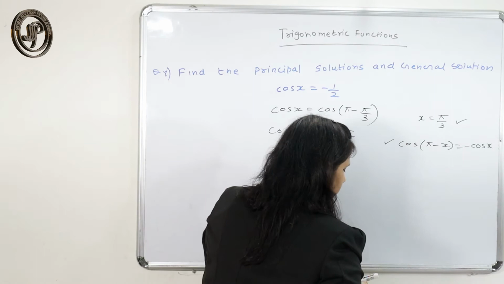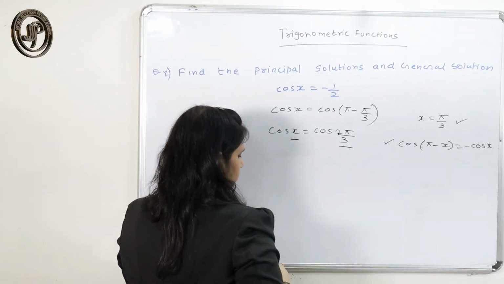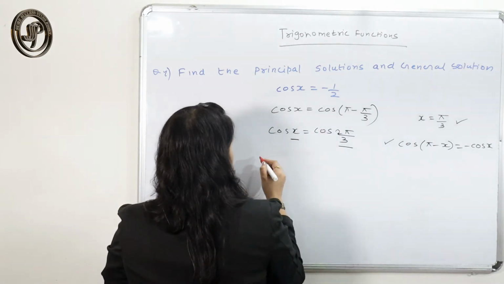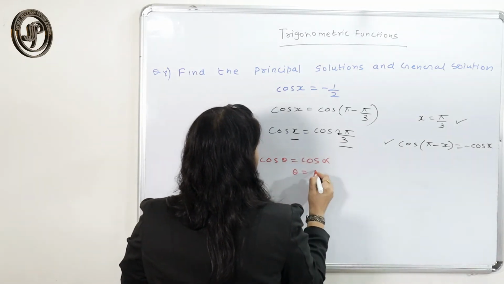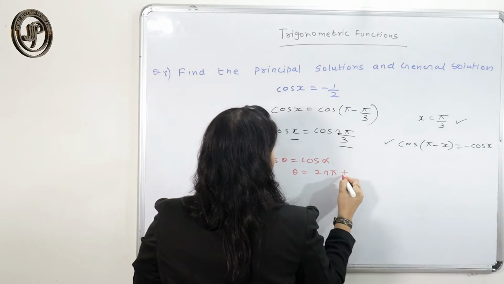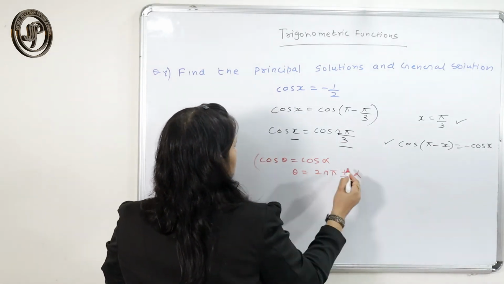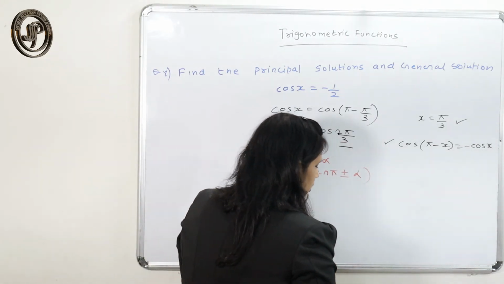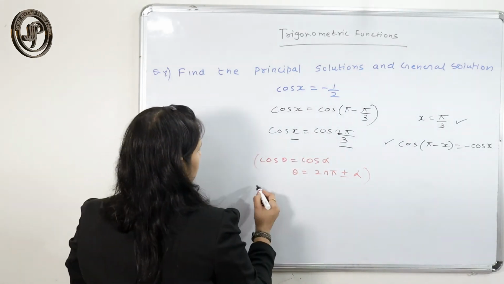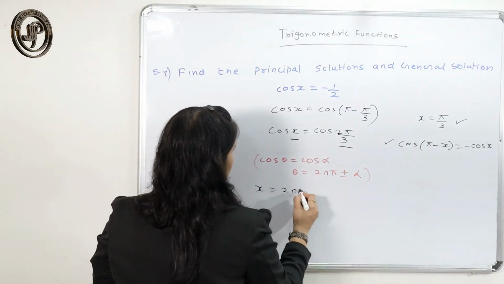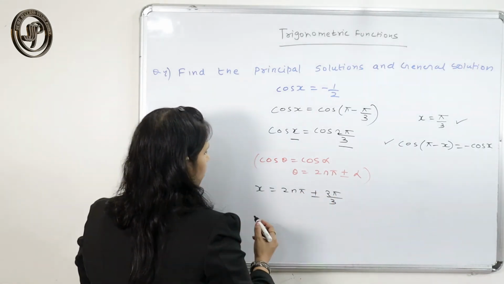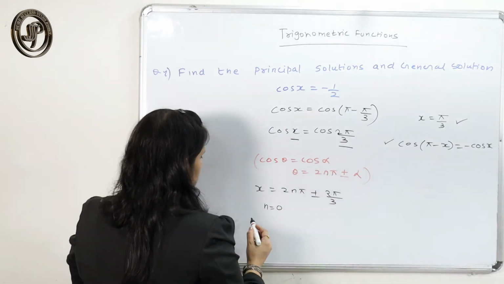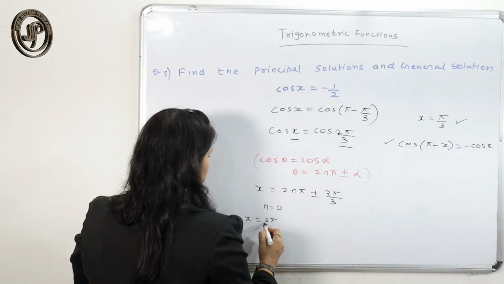In cos x, cos theta is equal to cos alpha if theta is equal to 2n pi plus minus alpha. That is the formula. So x will be 2n pi plus minus 2 pi by 3. If we put n is equal to 0, x is 2 pi by 3.